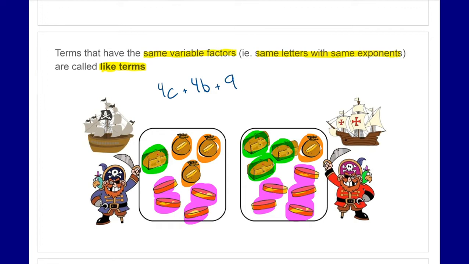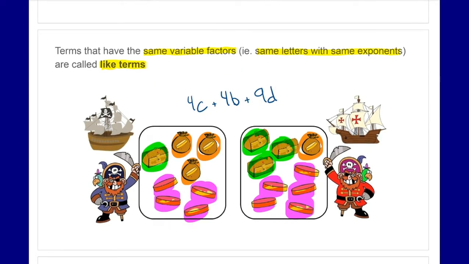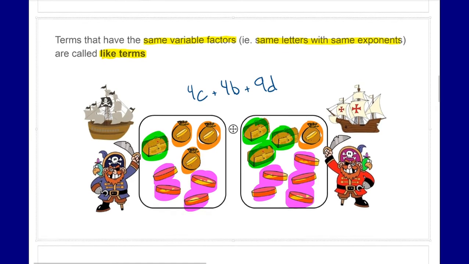Don't want to use C again because we've already used it for coins or change. I think pirate coins maybe are called doubloons or something like that. So maybe we'll use D instead. So we can collect like terms when we're looking at like terms. Now this is a very simplified example, but this is the general idea that we're looking at. And we'll look at a couple of examples as we go through in practice.